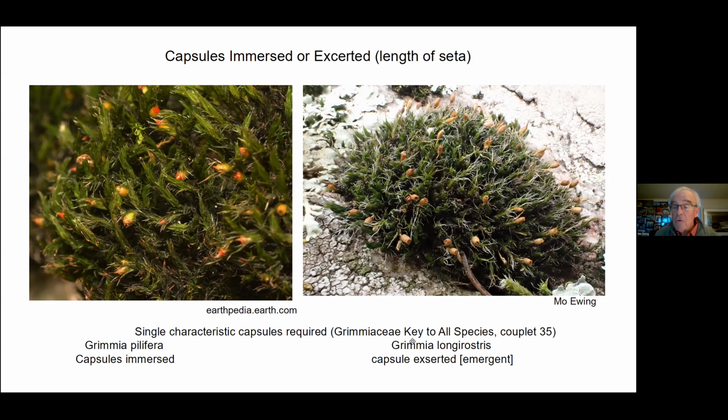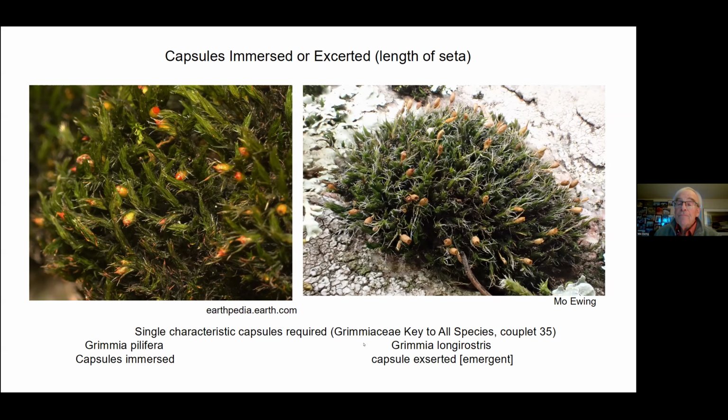And then there's another Grimmiaceae key to all species, where all the species of each of the genera are lumped into one, as if they were one genus or one family. And that's this key here. And then Grimmia has its own key for just the Grimmia genus. So that's just to give you an idea where all these things come from.